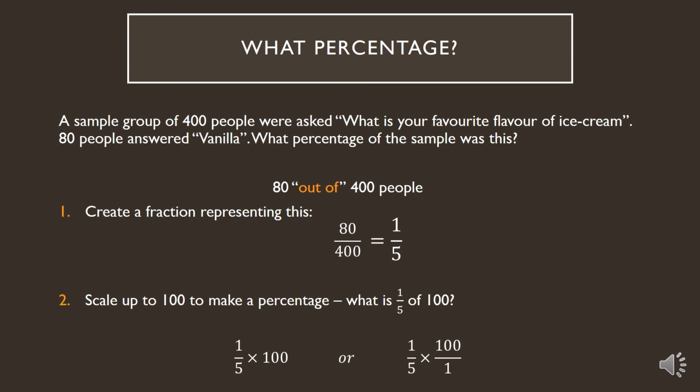What we need to do here is make that a percentage. So we scale it up to 100 because percent means per 100. So really what you're asking is, what is 1/5 of 100? So 1/5 of 100, you multiply 1/5 by 100, and the answer is 20. And it is 20%. We were asked what percentage? 20%.